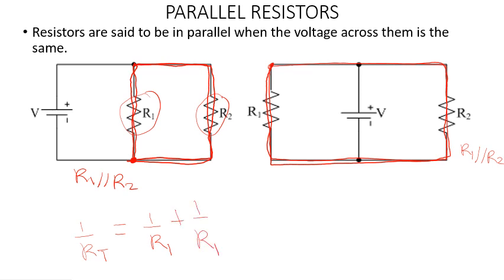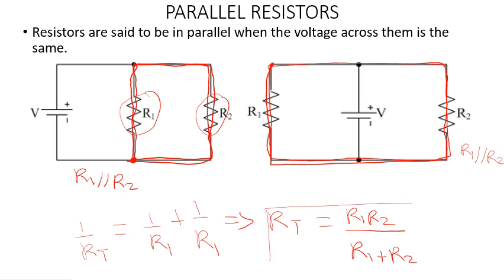We can simplify this as RT equals R1 R2 all over R1 plus R2. This is the total resistance formula for resistors in parallel. If there's a third resistor, I can add it, plus R3. That is how it is.